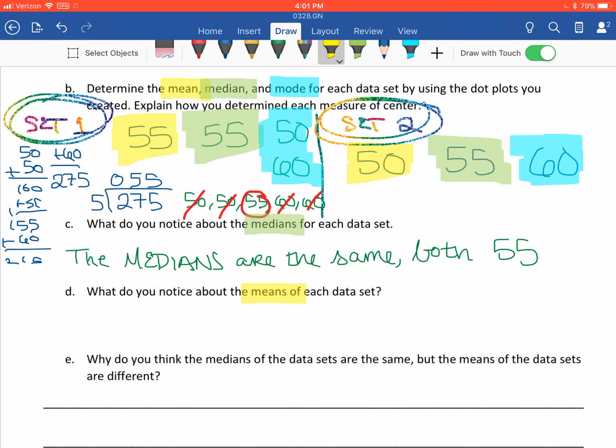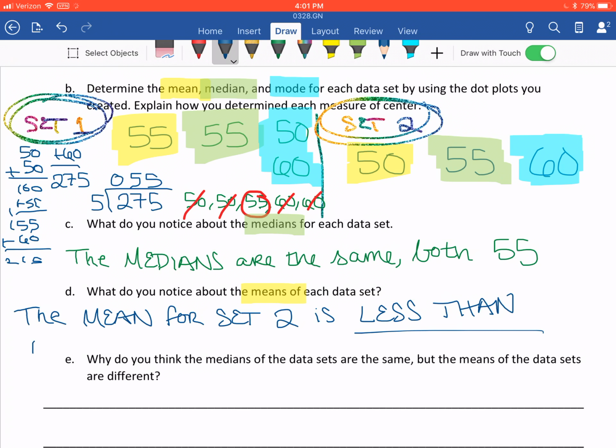So I'm going to say the mean for set 2 is less than, that means smaller, the mean for set 1.